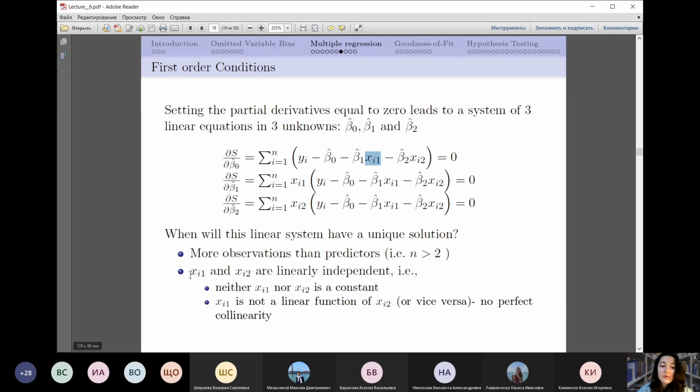In our case, for example, x1 and x2 should be linearly independent, or in other words, they should not be perfectly correlated with each other. We discussed this in the case of multicollinearity or perfect collinearity. Okay, these are two assumptions that you need to hold if you need to find the unique solution of this system.